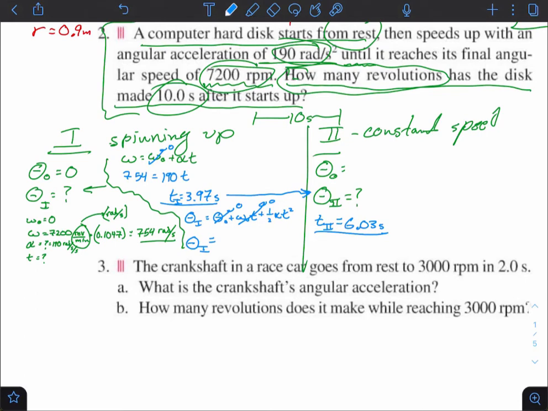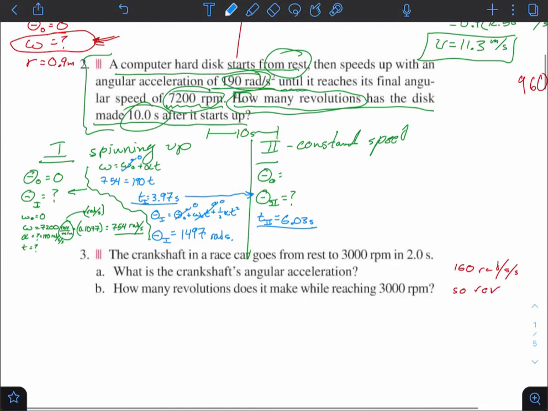Don't forget to square it. Don't ever forget to square it. Roughly 1,500. And because this is my key, I am going to be more precise and not round it. 1,497 radians. And you shouldn't either. There's no need to round. It takes 2 more seconds to write the actual digits. So that's our total displacement during phase 1.